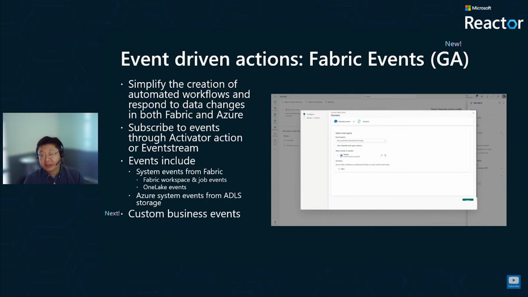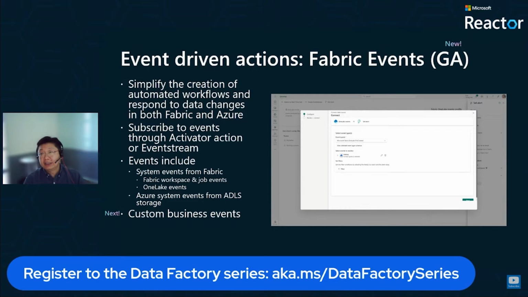Like I said, you can trigger a notebook job run, or you can trigger data integration, the pipeline, right? A pipeline copy job as well. So with this kind of Fabric events produced, it can help you create pipeline automation and achieve certain scenarios.